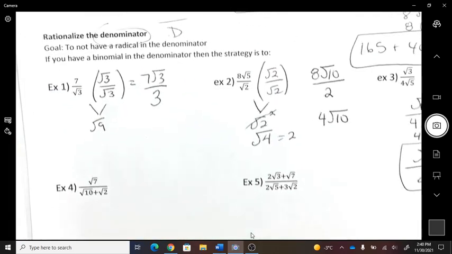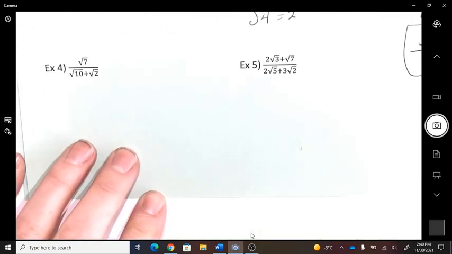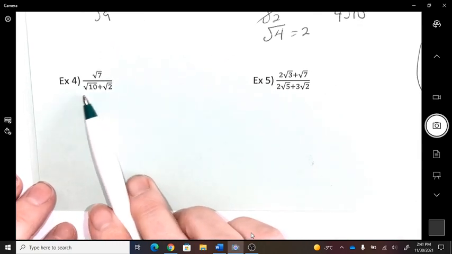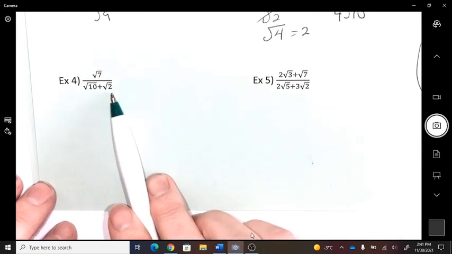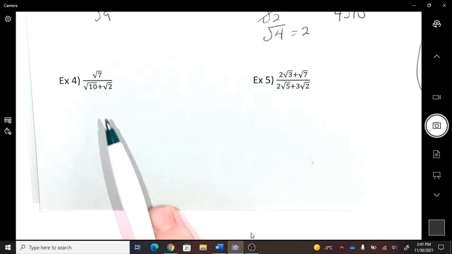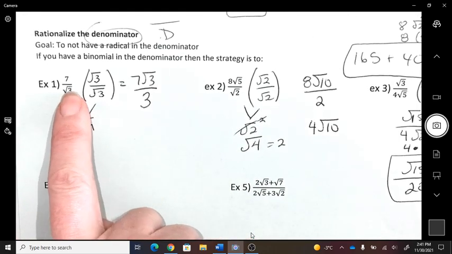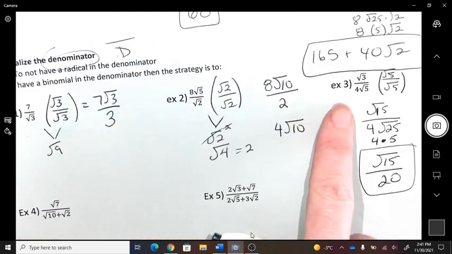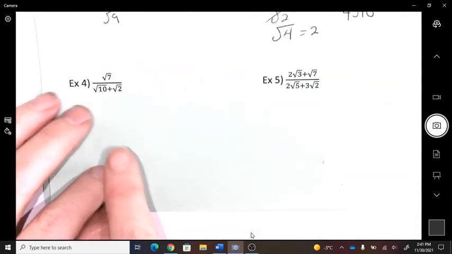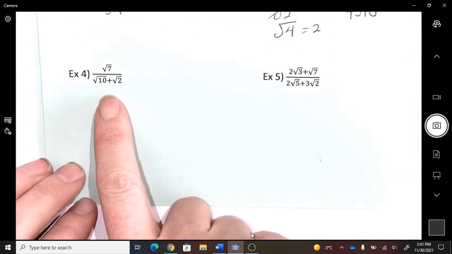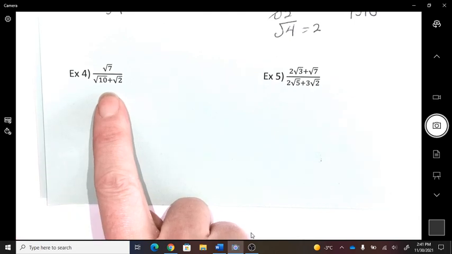All right. Now, the last 2 examples are different. This time, my bottom is a binomial. Did you see on these? This had 1 term, 1 term. This was 1 term. So now I have 2 terms on the bottom. So this is where we do the word conjugate.